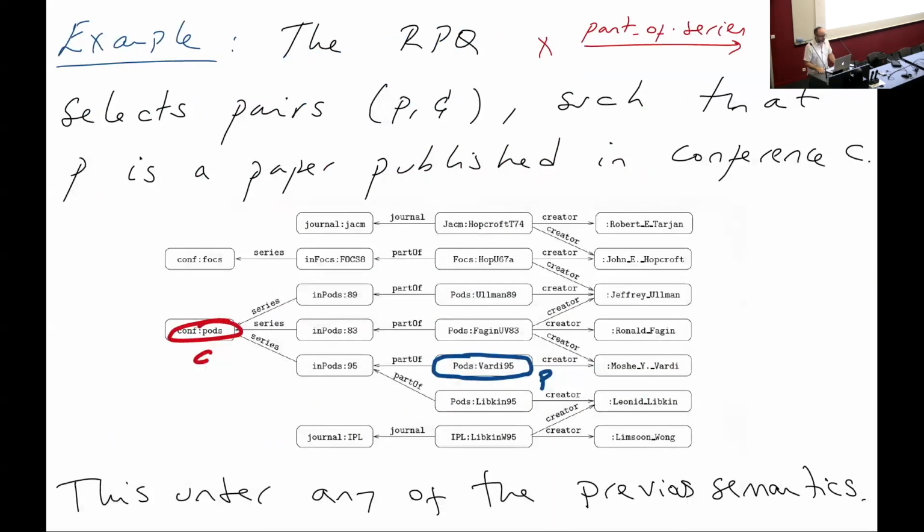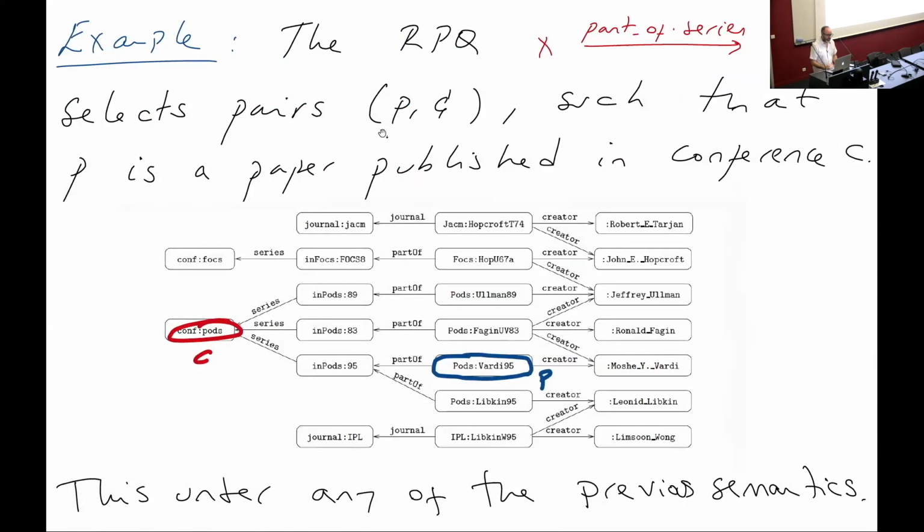Okay, so here we have an example of a regular path query. We're asking for pairs of nodes X and Y such that there is a path between them that is labeled part of and series, right? So what is this selecting?